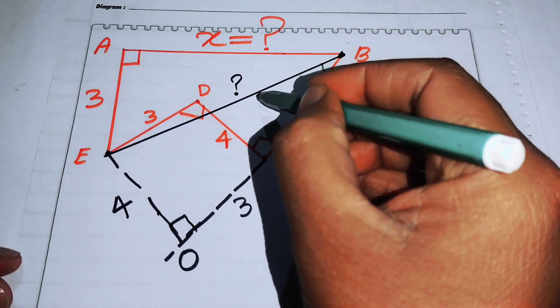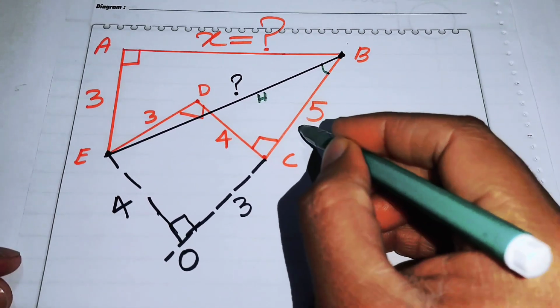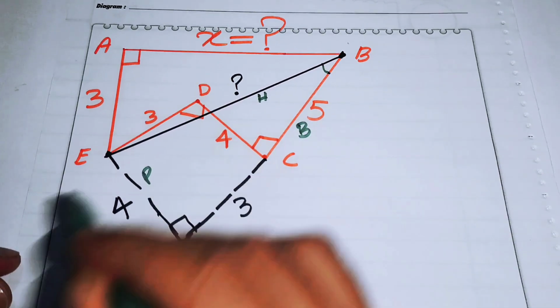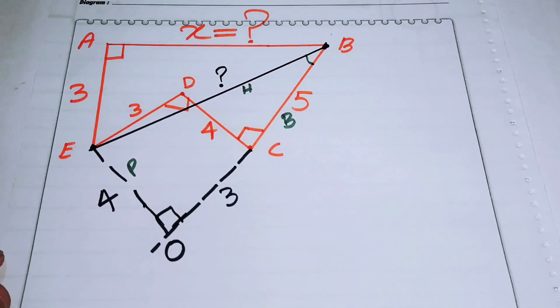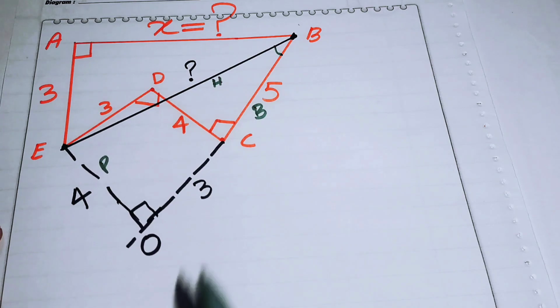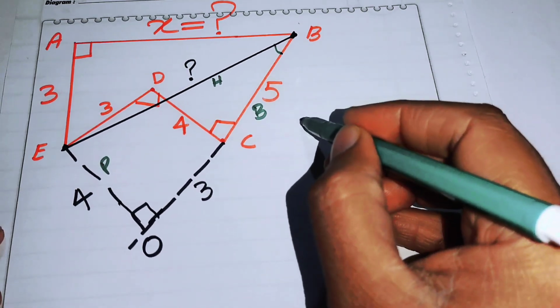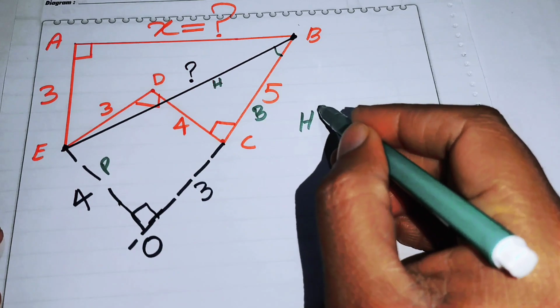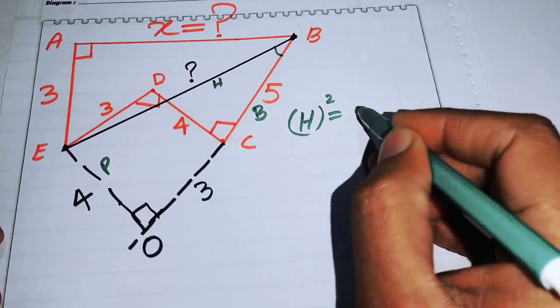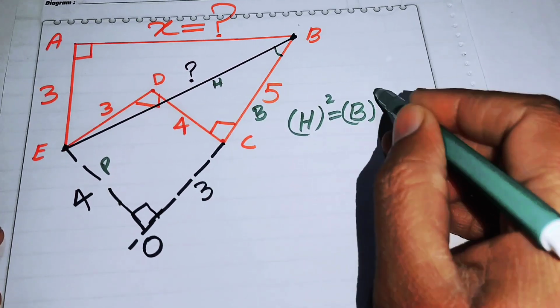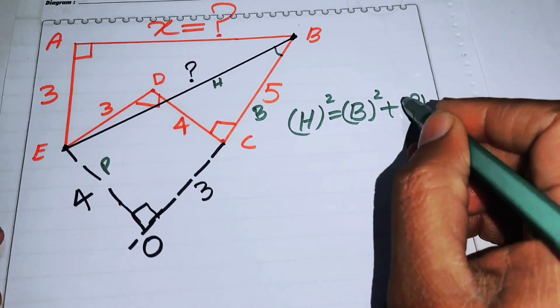Now we use the Pythagoras theorem: hypotenuse square equals base square plus perpendicular square.